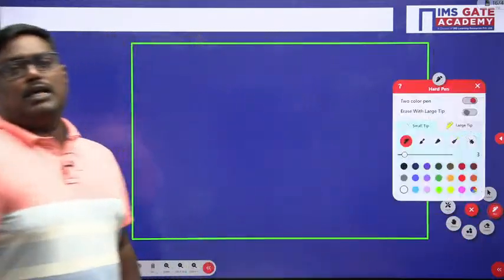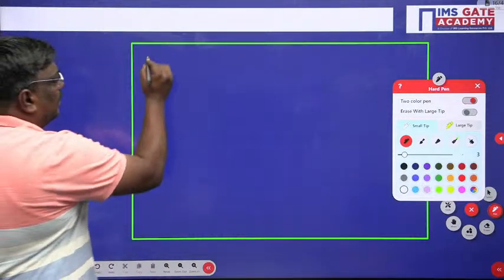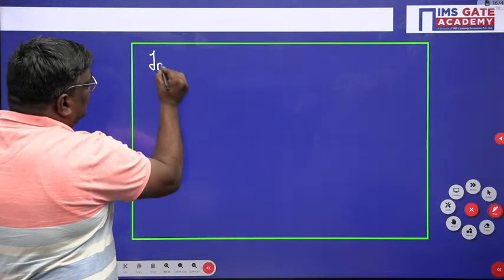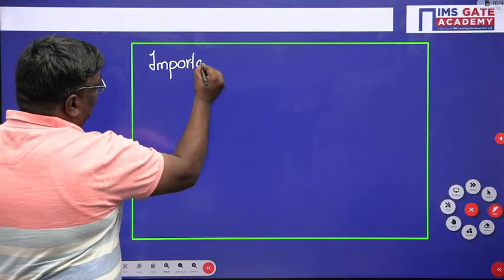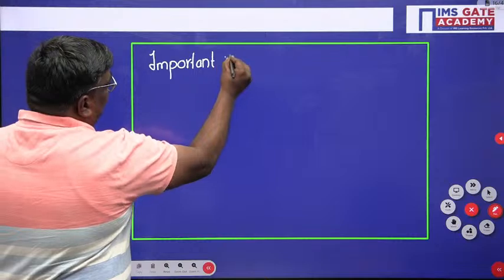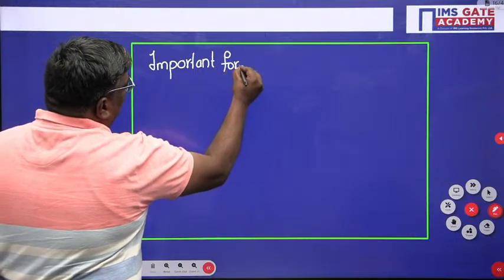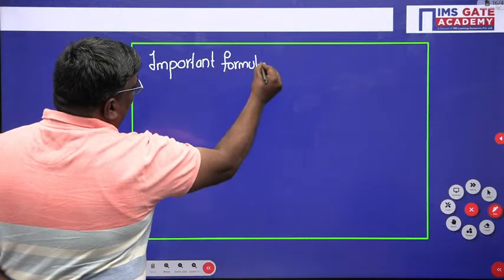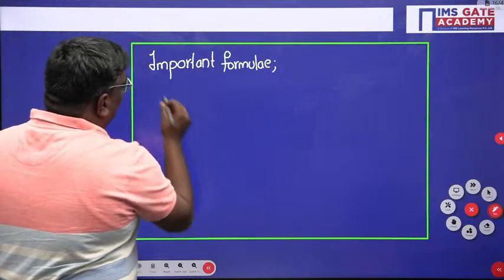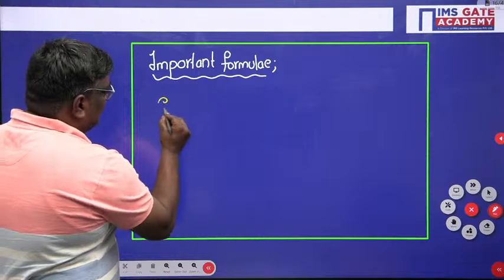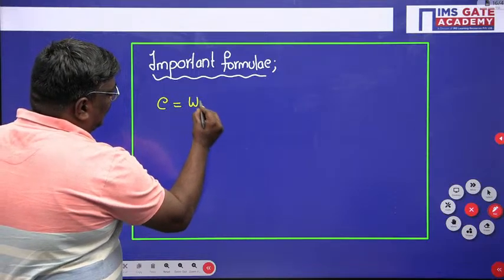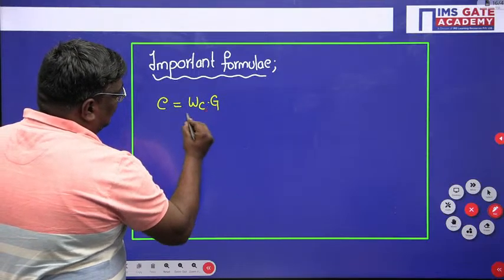You can take a screenshot or whatever, but these formulas are very important when you are solving problems on properties of soil, which we have derived. Important formulas. First one we have is e = w G / S_r.